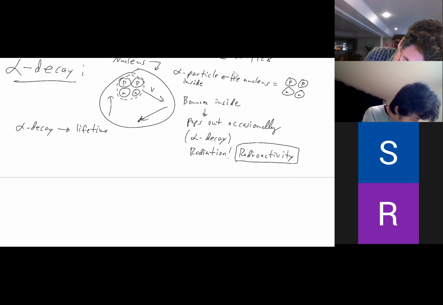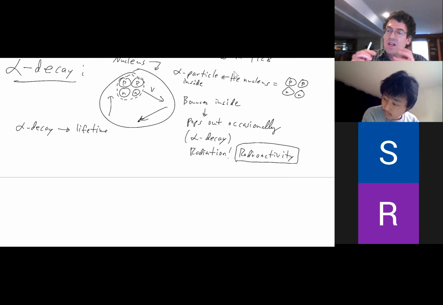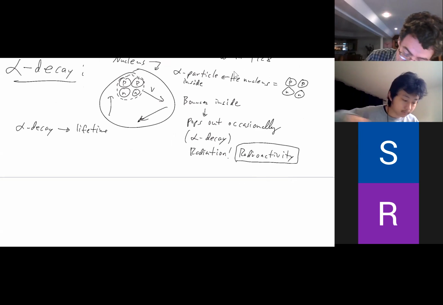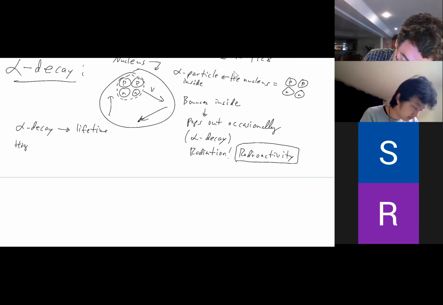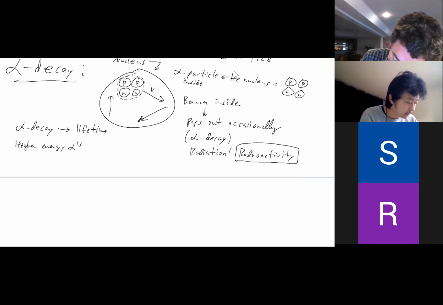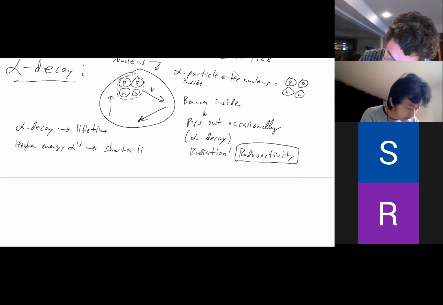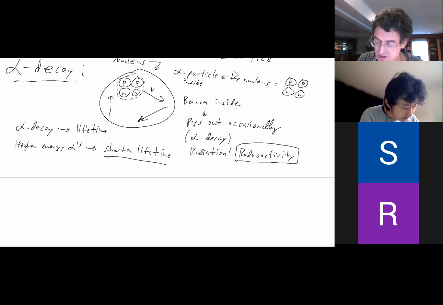The alpha particles have an energy when they pop out, and it turns out that higher energy particles have a shorter lifetime. This is something that the old timers noticed, but they could not explain it. They had no way of understanding it.